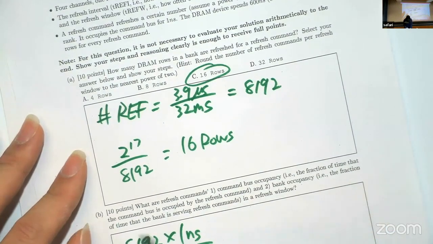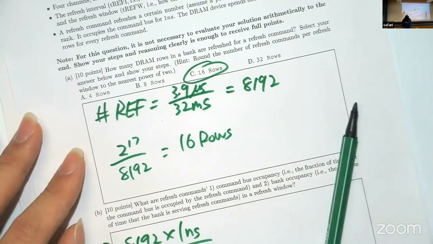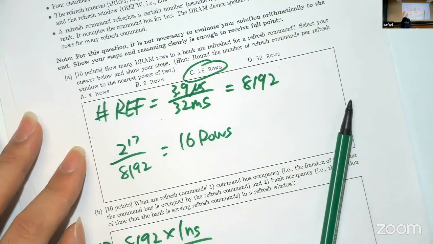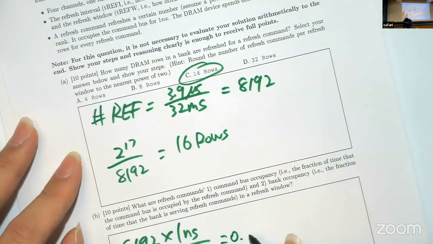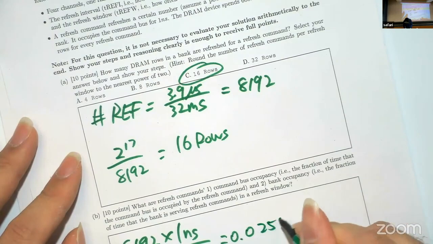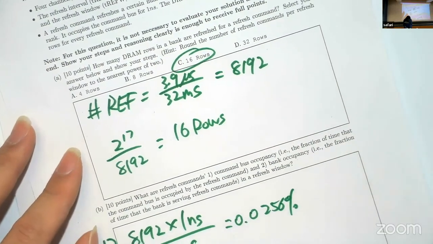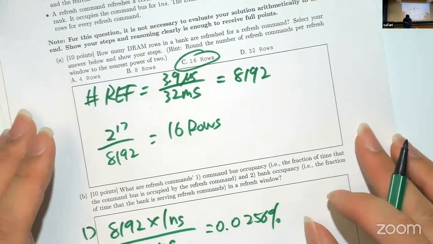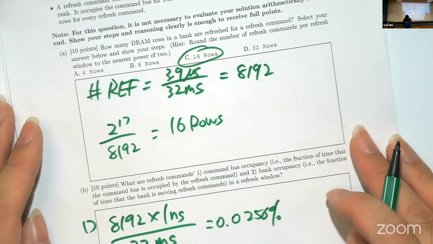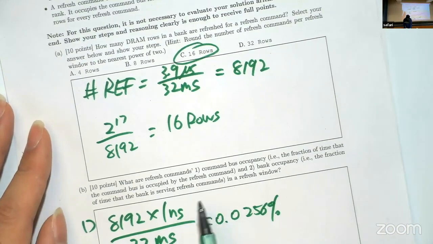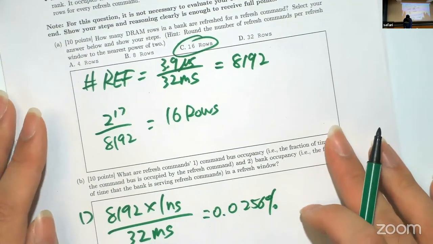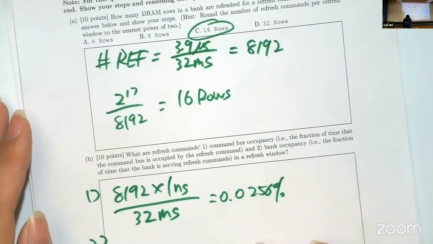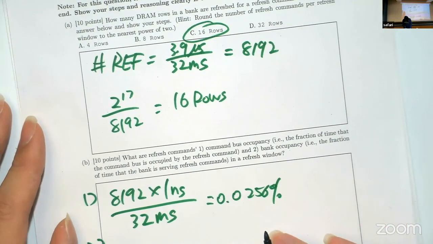That's the command bus occupancy, and the answer would be 0.0256%. And as a reminder, in the actual final exam, you do not have to evaluate these equations as long as you have the proper units and your intention is clear. We will give you full points without a final numerical answer.